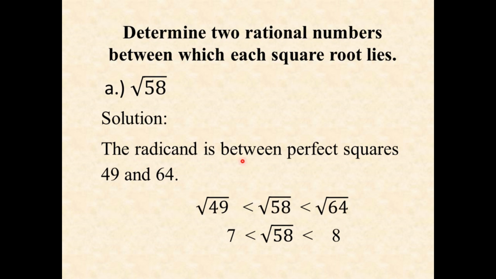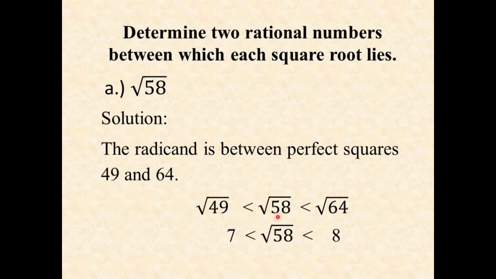So the radicand is between perfect squares 49 and 64. So in this solution, guys, it tells us that we must think of a perfect square number closest to 58 and greater than 58, and also closest to 58 but less than 58.